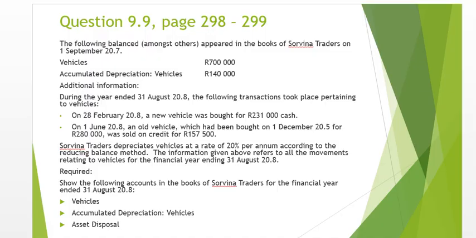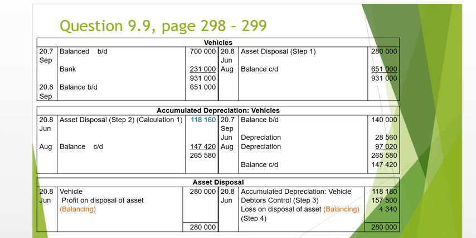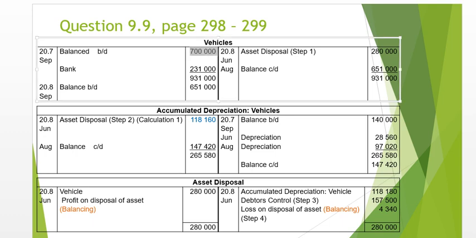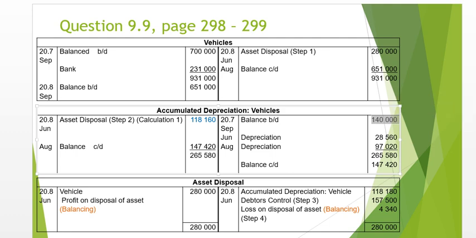Okay, so let's record that. In our vehicles account, we're going to debit 700,000 Rand on the 1st of September 2007, which is our balance brought down. And for accumulated depreciation, we're going to credit 140,000 Rand on the 1st of September 2007, which is our balance brought down. So all of this happened on the 1st of September.